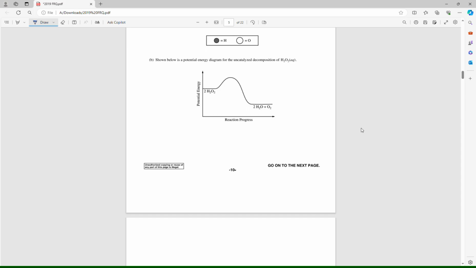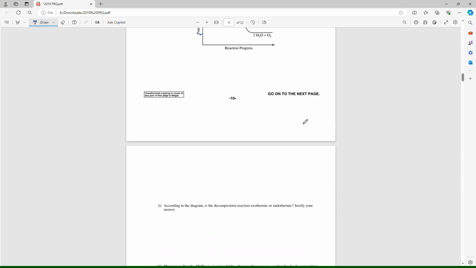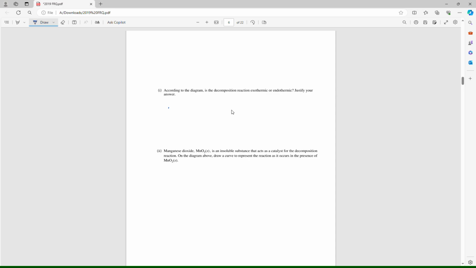Okay, so if we go to the graph, we can see that reactants have a higher energy and products have a lower energy, so it's exothermic because it released energy. So exothermic. It released energy. And we could describe that more.